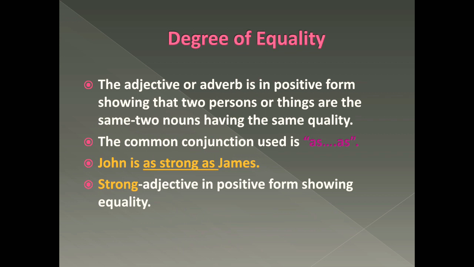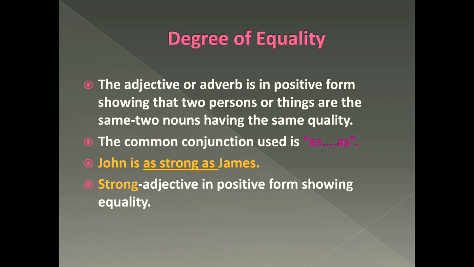In case of degree of equality, we use the conjunction as, then the adjective, then as, or so, then the adjective, then as. For example, John is as strong as James.